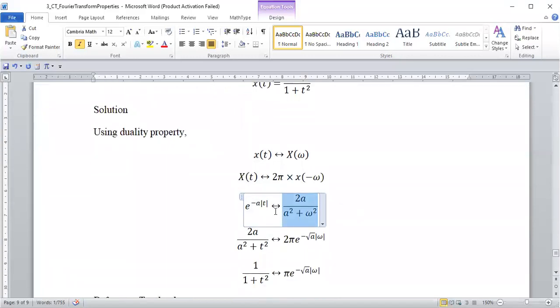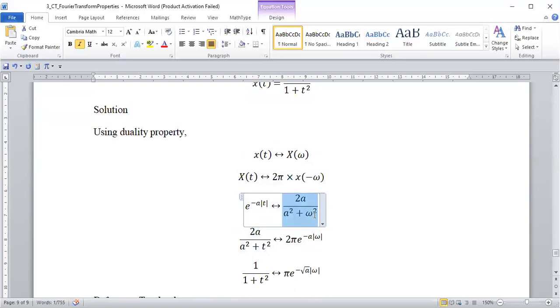Then, that being the case, if you have a signal of this form, using this formula, the Fourier transform of this form is given by this.